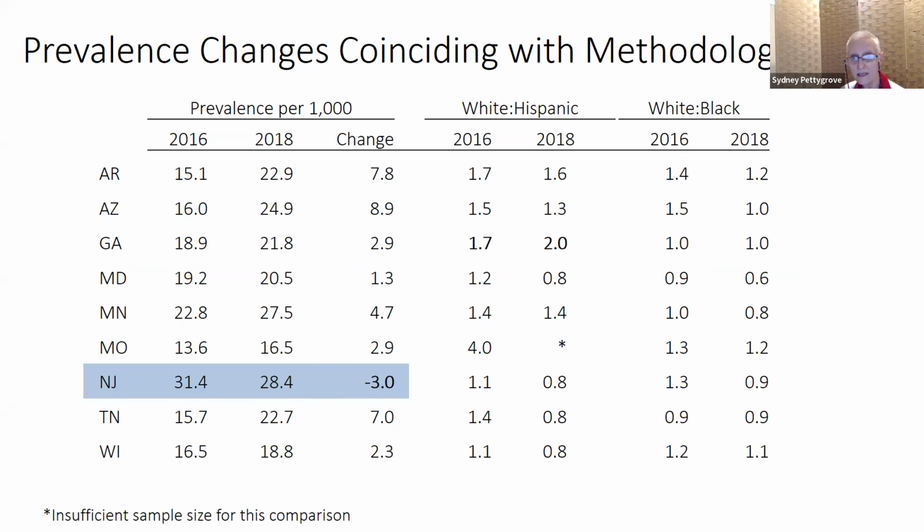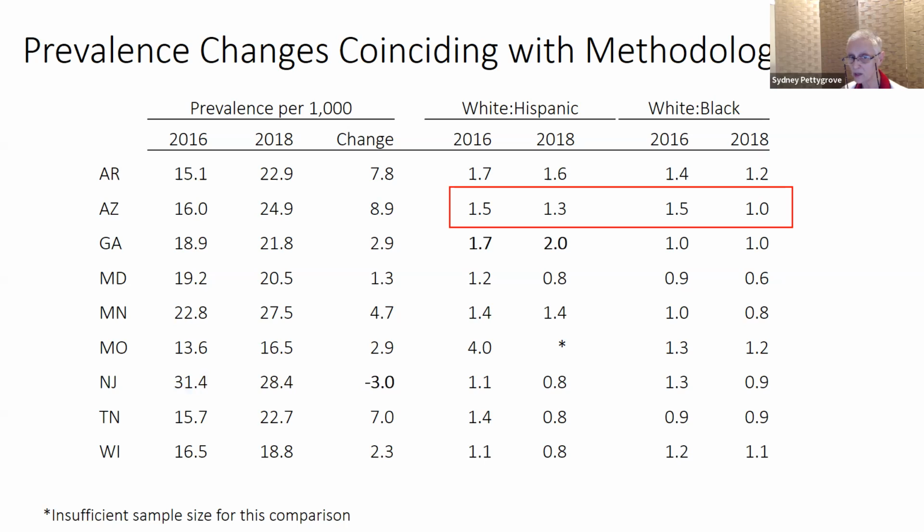So what we see is, for example, in Arizona, the white to Hispanic ratio went down. So we are not leaving out disproportionately more Hispanic children than white children. In fact, the prevalence is getting closer and closer.